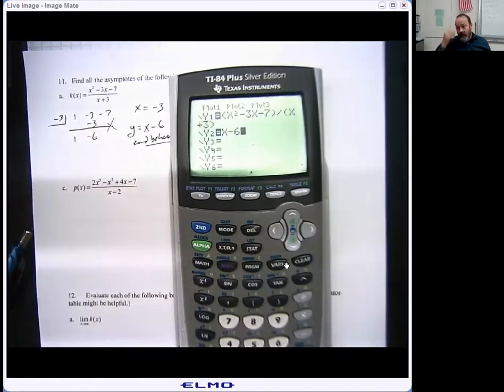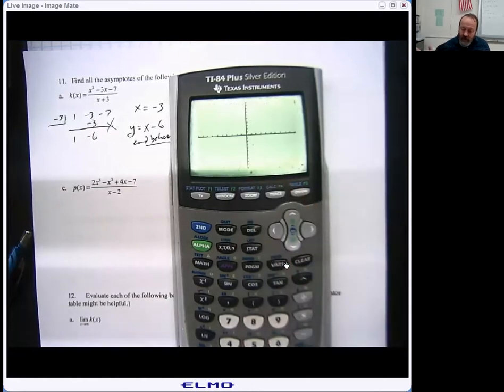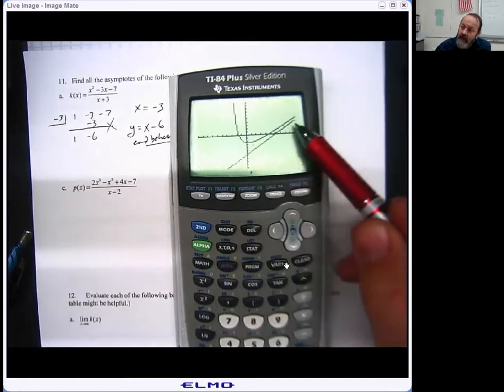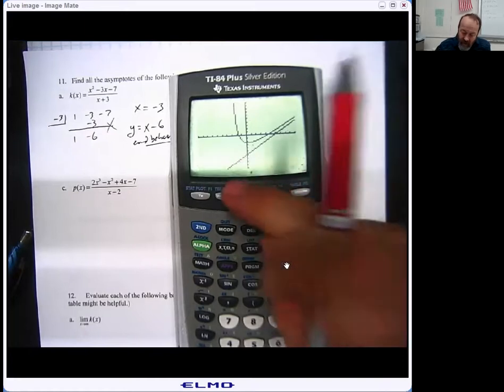Now remember, that's an end behavior asymptote, so that's what should happen out on the left. I'm going to hit a zoom 6 because I don't really know what this graph looks like. But here comes the original graph, and here comes my asymptote, and you notice it's getting very, very close. Now I can see that the left side of the graph, I'm not seeing it, so that's not a problem.